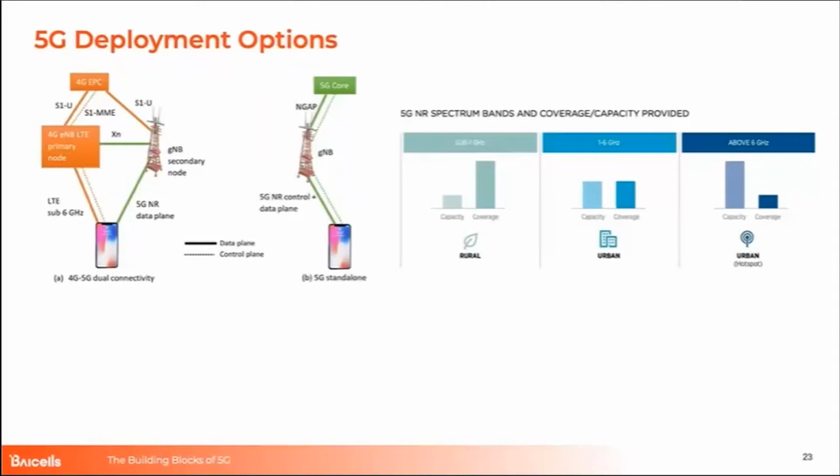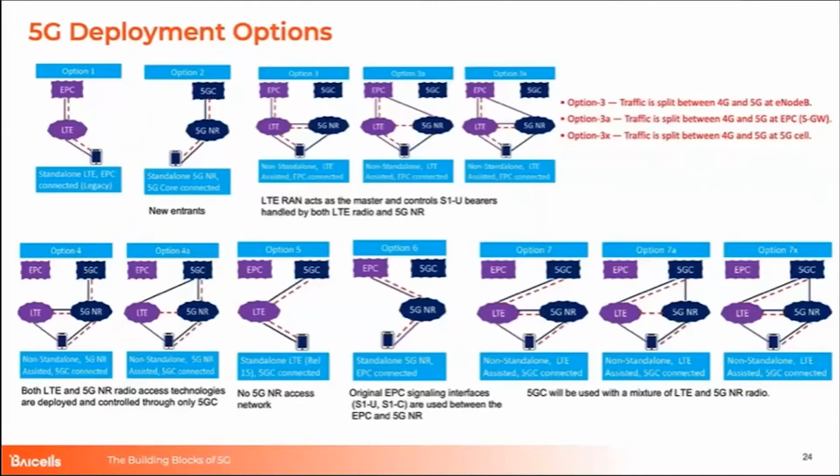No 5G core here. This is how they phase in their deployment and evolution. They start with the RAN, and then they take it to the 5G core. There are so many options to deploy as you move from 4G to 5G, but the famous one is what's called option 3.